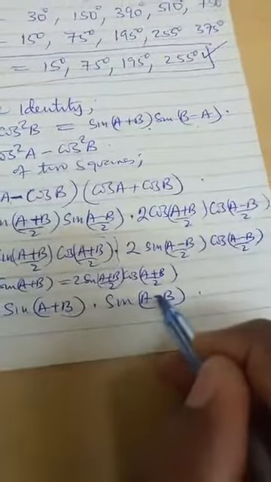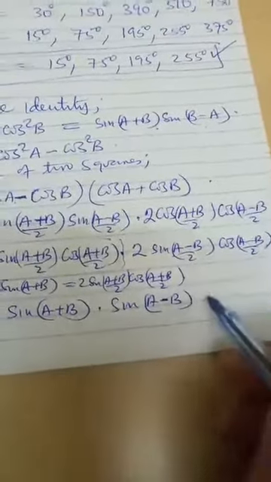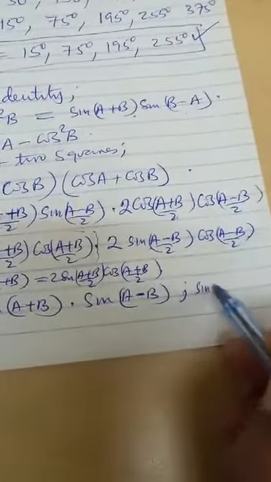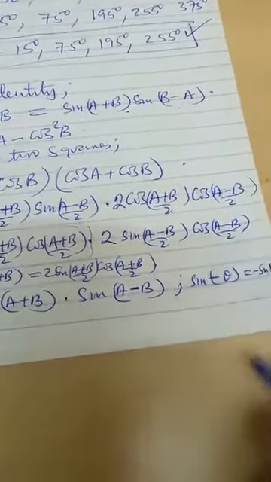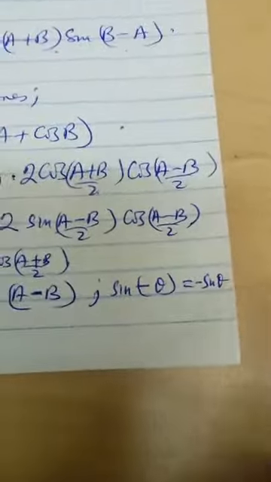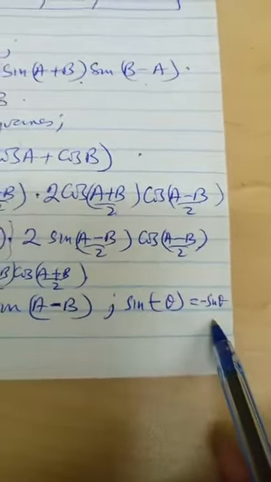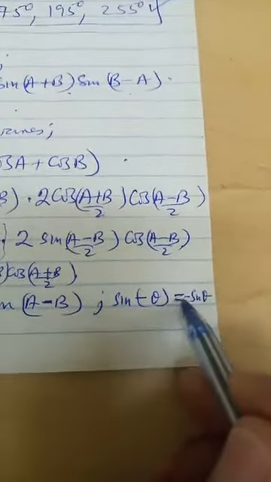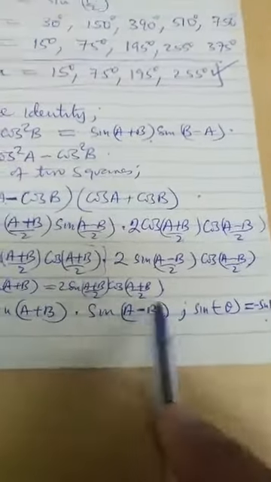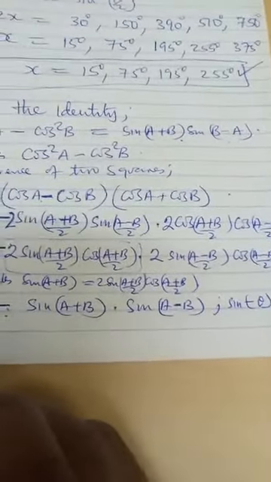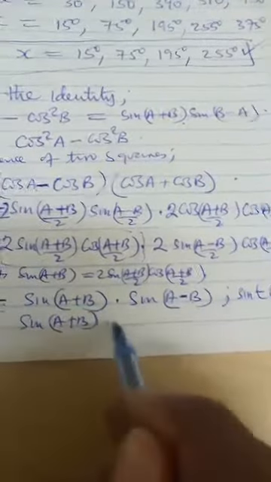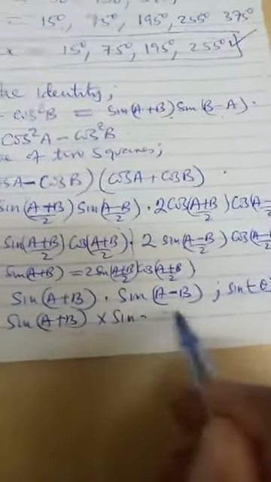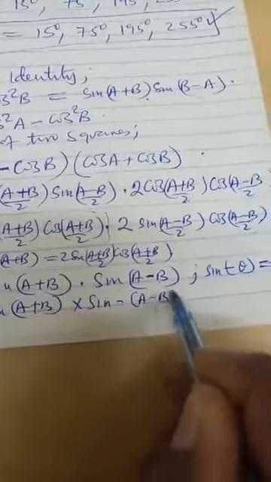Now if I enter this minus here, I'll recall that sine of minus theta is the same as minus sine of theta, which I also quoted just a few minutes ago. So this minus here will be entered in the second bracket, and it is sine of A plus B times sine of minus (A minus B).